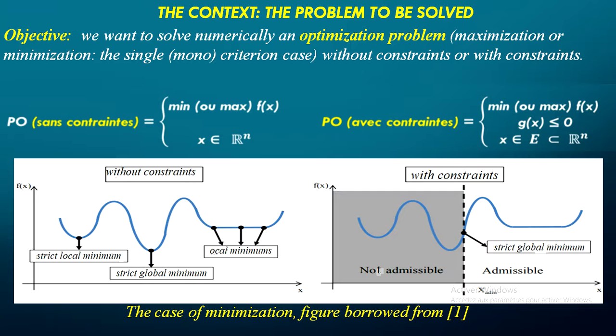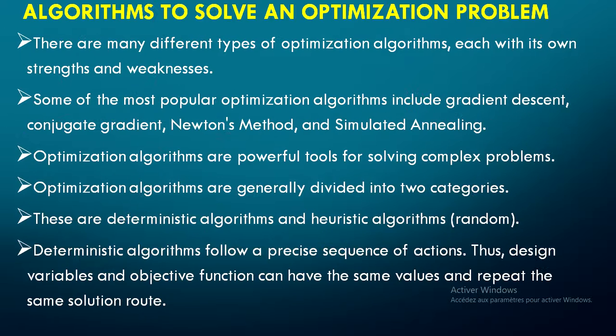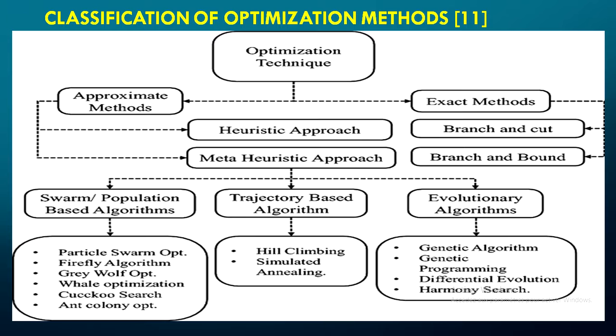Because it is a mathematical or formal model, it is a robust model, because all the models which are based on mathematical concepts are robust. We can solve them with mathematical strategies. Okay. So this is an illustration of the classification of optimization algorithms.